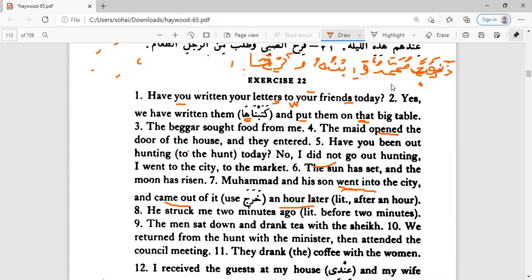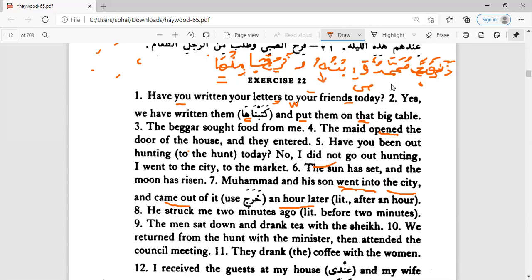So it's going to be wa kharaja. Kharaja, came out of it, so it's going to be minha. خرجوا منها. So from the city, because we're saying ha, because we're saying the city. ذهب محمد وابنه في المدينة.